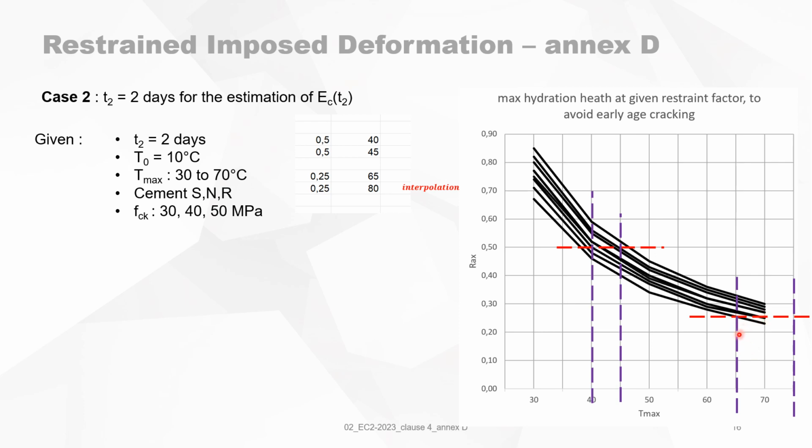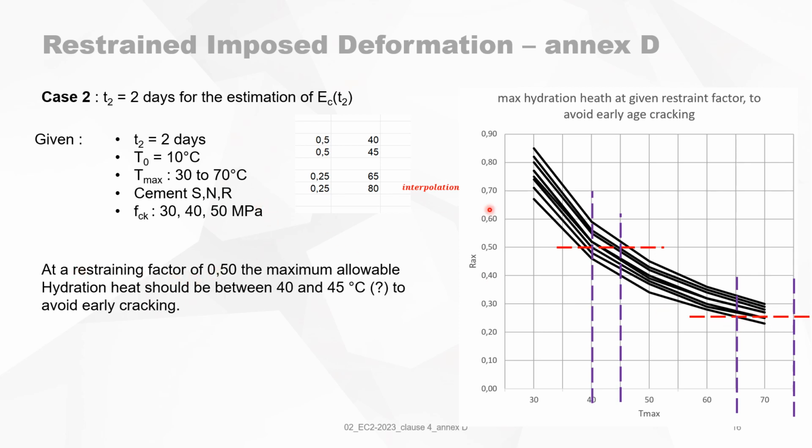And on the other end, you will see that the calculations are stopped at 70 degrees, because otherwise your concrete will not be fine. It will not be durable. So I made an interpolation here to achieve a restraining factor of 0.25. Then you will see at the restraining factor of 0.5, the maximum allowable hydration heat should be between 40 and 45 degrees, something like that.